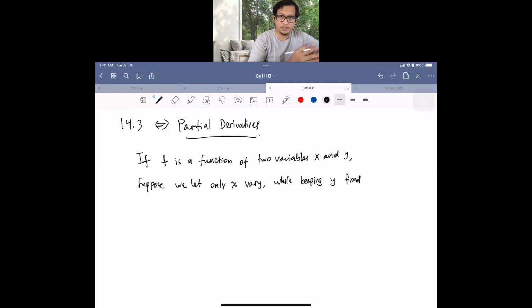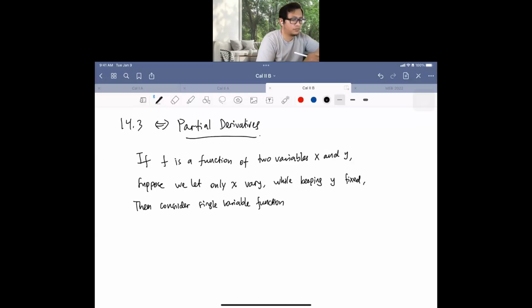Okay, so if we take this approach, then we consider a single variable function, g of x equal to f of x, b. Here b is when y is fixed, along the line y equals b.